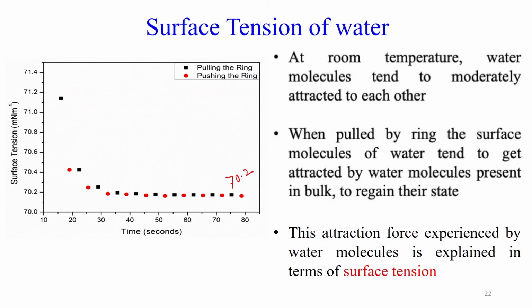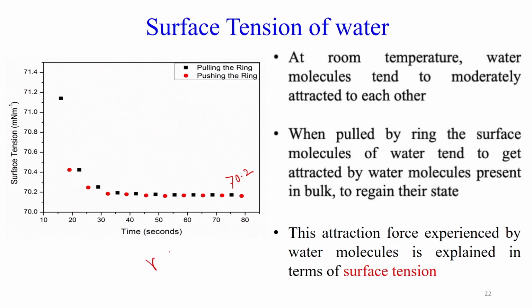As I discussed, we are measuring the surface tension experimentally, and the surface tension depends on the work of adhesion and work of cohesion, which are related to the intermolecular forces.